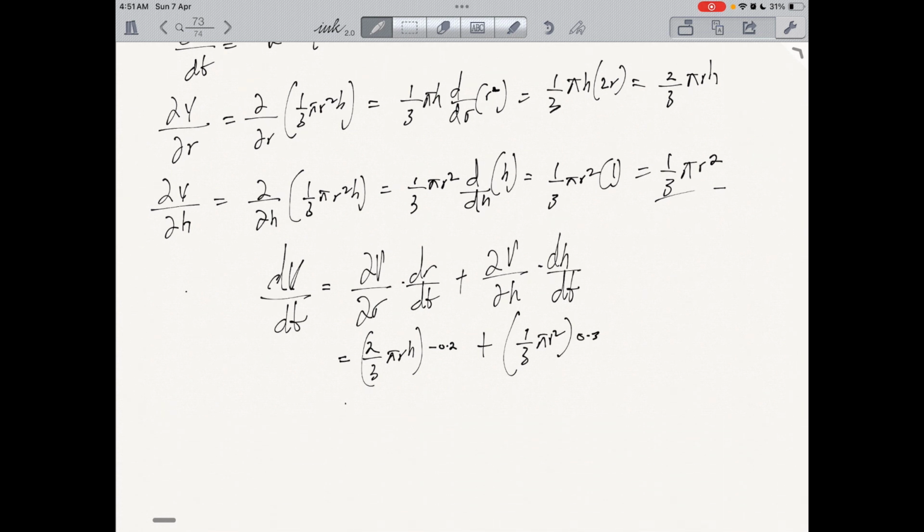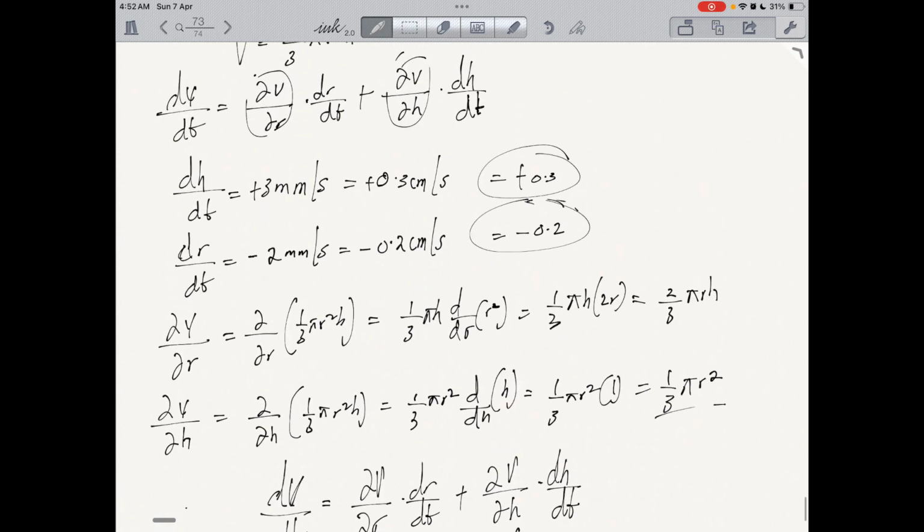And simplifying this, we have minus 0.4 divided by 3 of pi r h plus 0.1 pi r squared. And this is an expression for dV/dt.